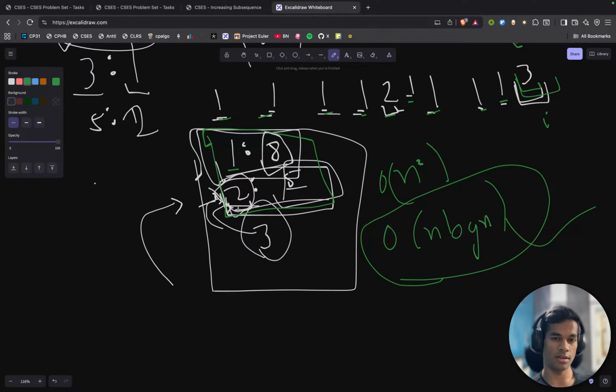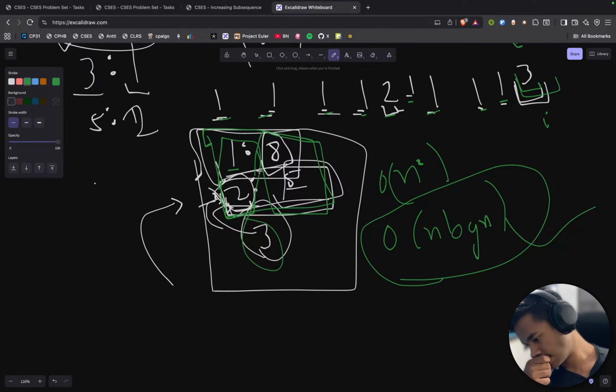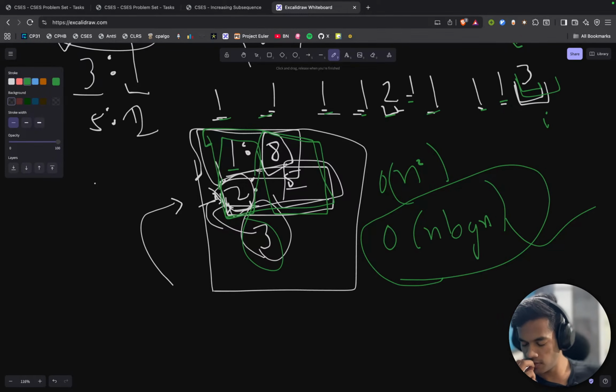What we need is, first of all, we have to see all the numbers with which this number could be paired up, and among those numbers, which one has the highest value. Yes, which one has the highest value.